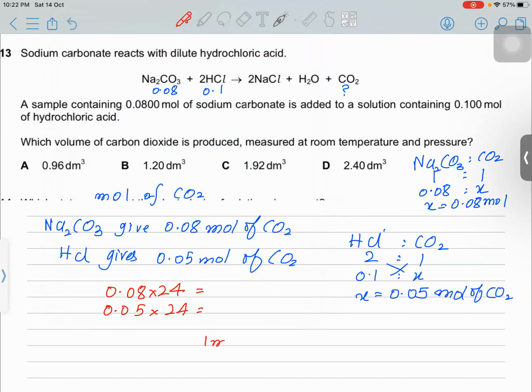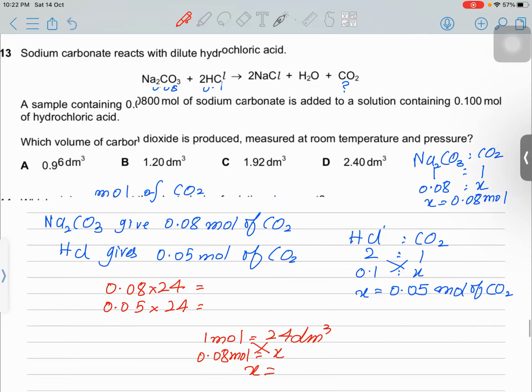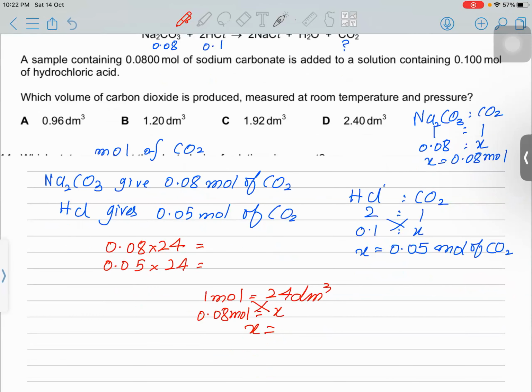So 1 mole has 24 dm cube. So 0.08 mole is 24 multiplied by 0.08, which is 1.92. 1.92 dm cube.